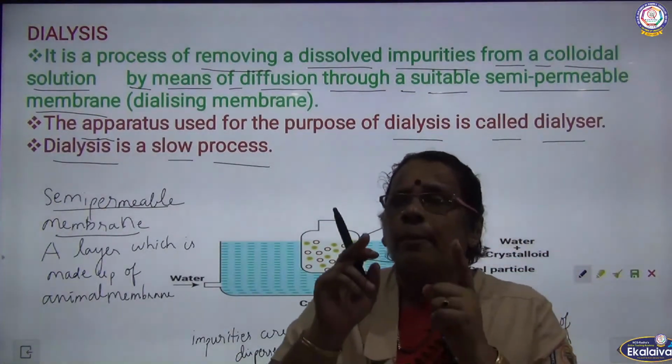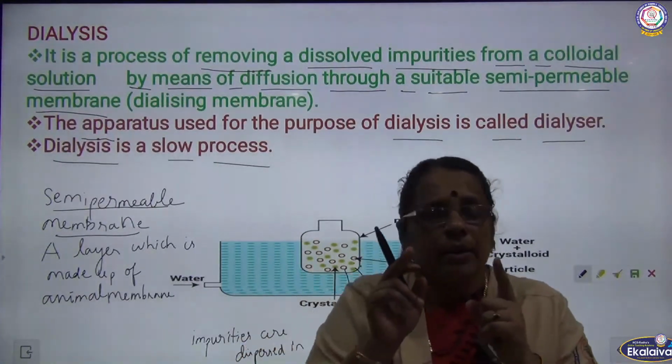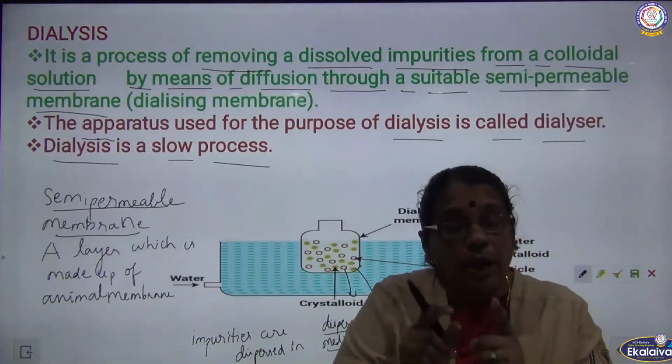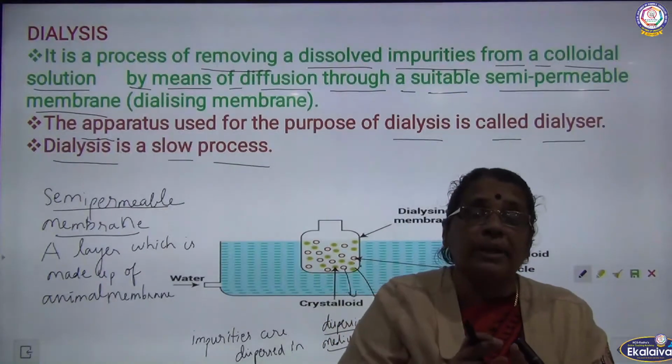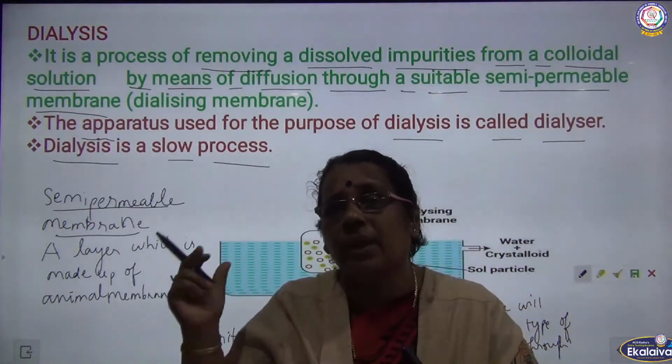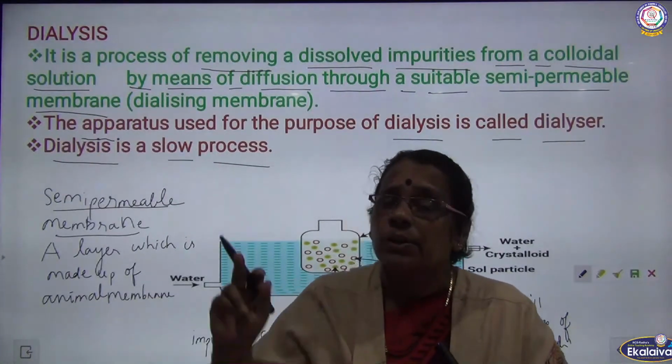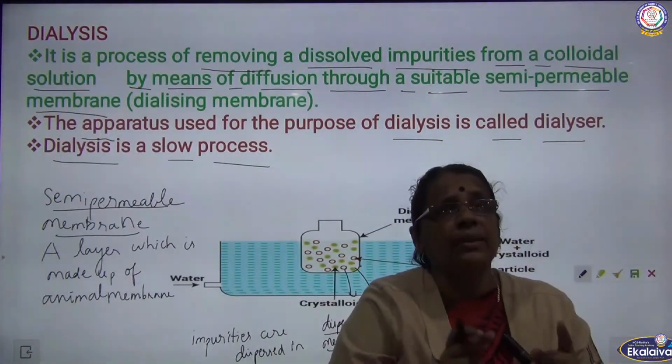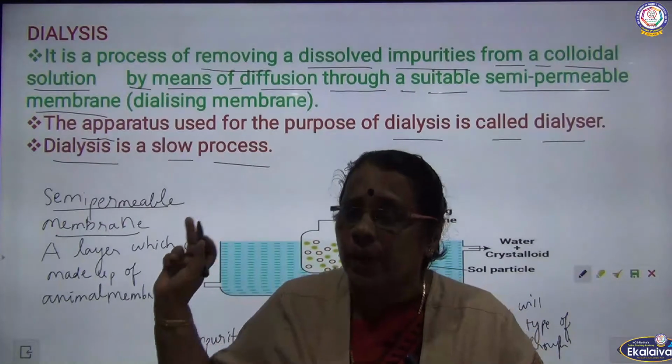This method of purifying the colloid by removing the impurities through the semi-permeable bag is called dialysis, and the apparatus used is known as a dialyzer.